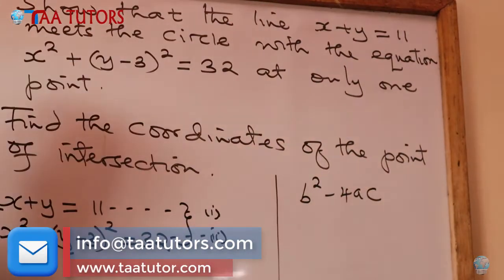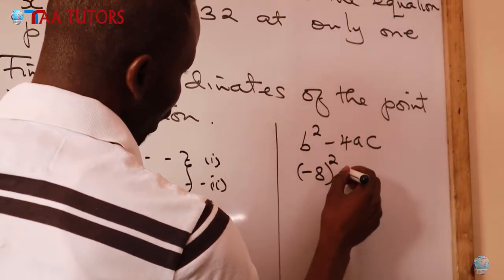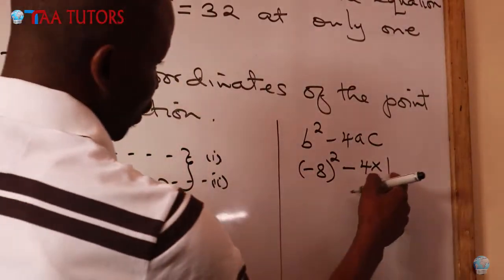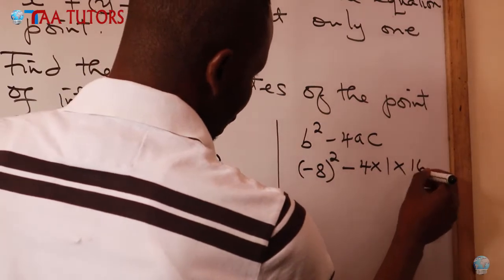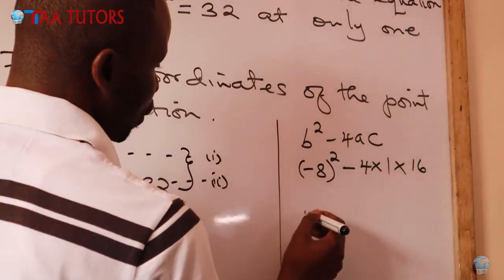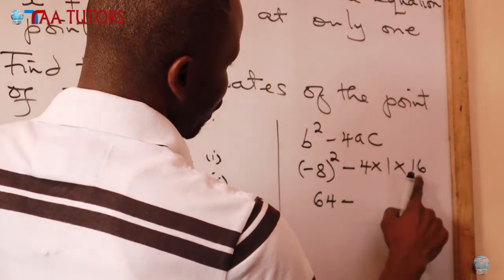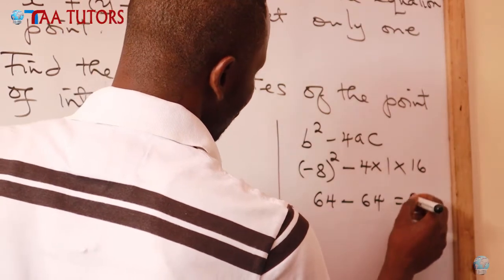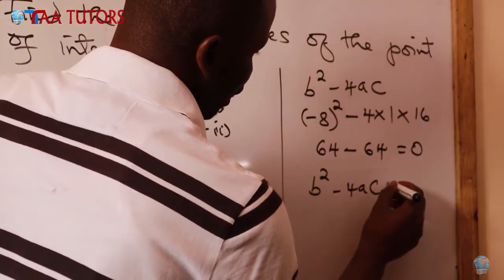In this case, b is negative 8, so negative 8 squared minus 4 times a, and a is 1, times c, which is 16. Negative 8 squared is 64, and 4 times 16 is 64. So 64 minus 64 will be 0. You realize that the discriminant b squared minus 4ac is actually 0.